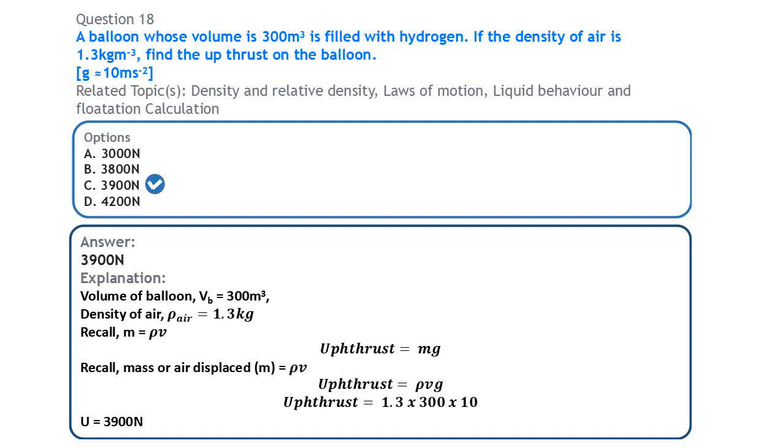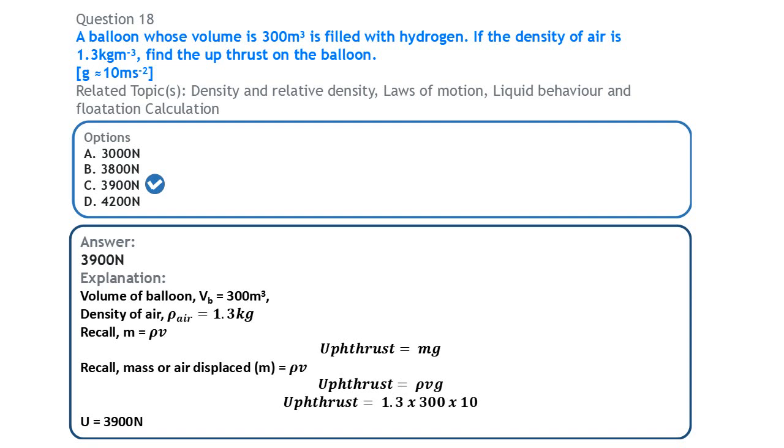Remember that mass is equal to density times volume, so the mass of air that is displaced is going to be the density of the air, or the gas that is used in filling that balloon, times the volume. So we replace this mass here with density times volume.